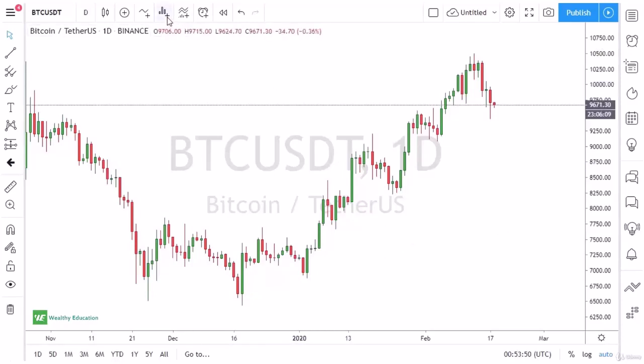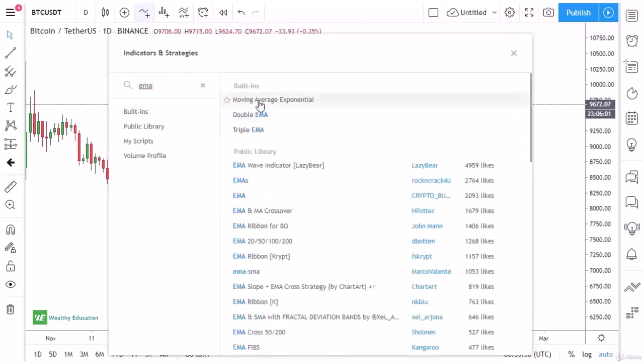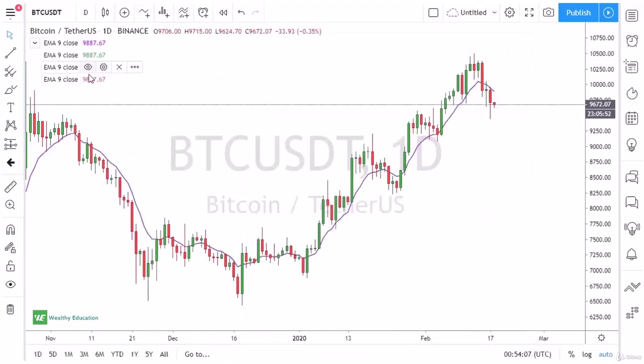So in order to do this, you need to click on Indicators and Strategies. And you can type in EMA, which is moving average exponential. I'm going to put 4 on the chart for the purposes of this video. I'm going to go ahead and click these eyeballs.